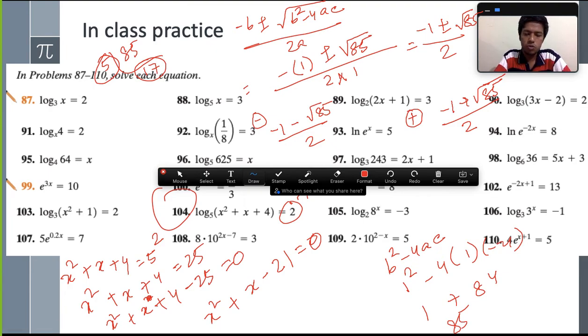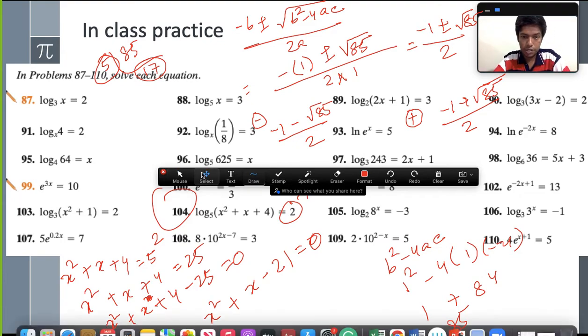Root 85 equals 9 point something. So minus 1 minus root 85, divided by 2, we get minus 5 point something.